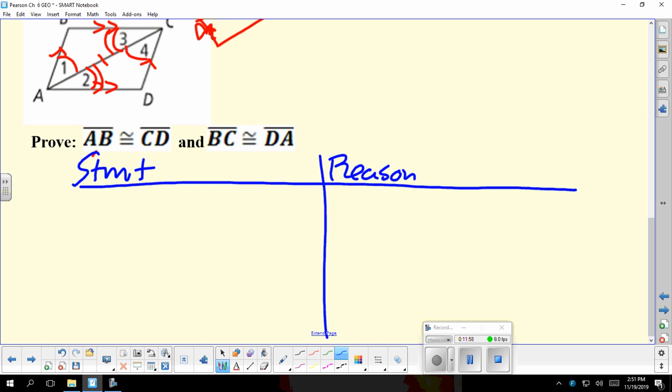So first, we're given that ABCD is a parallelogram. That we are getting.